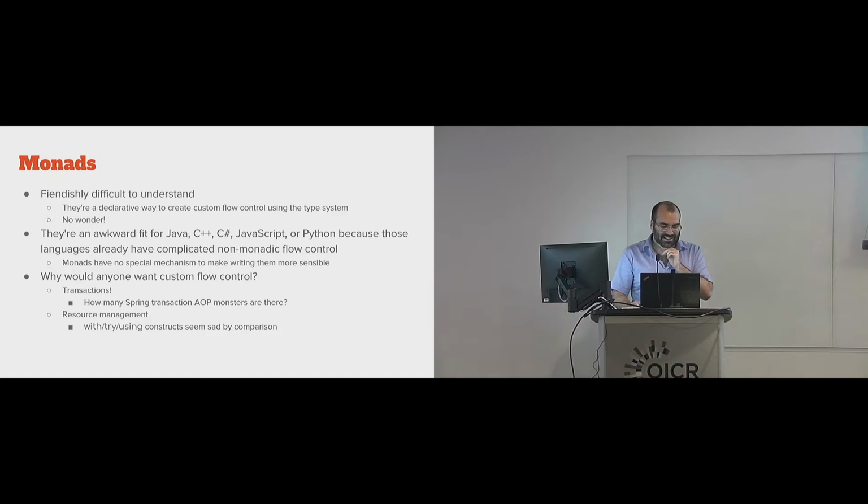So yeah, monad is basically a declarative way to create custom flow control. And you can create monad-like things in other languages, but they're always kind of weird and kind of sad. The reason is those languages already have a flow control system in them. Why are you trying to create this flow control system and just ram it in? It doesn't really do anything.